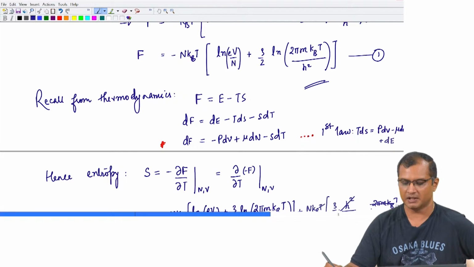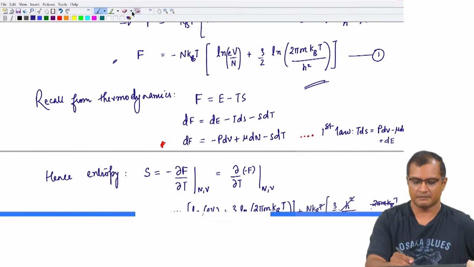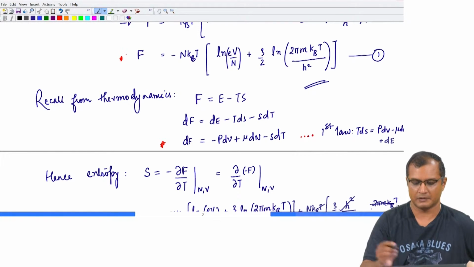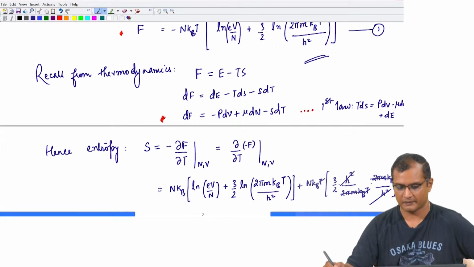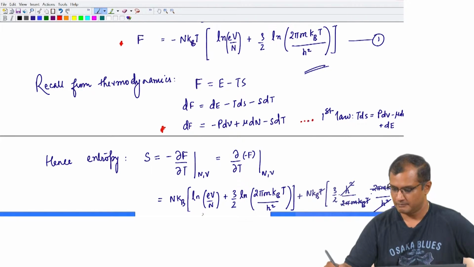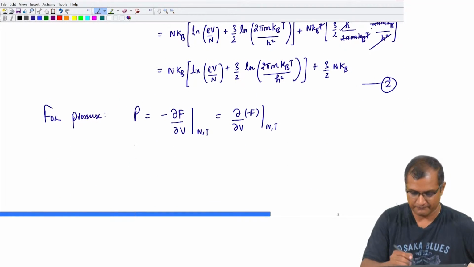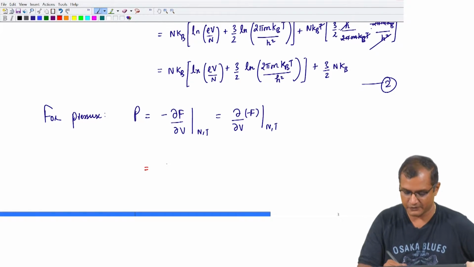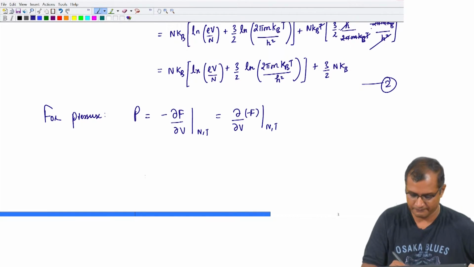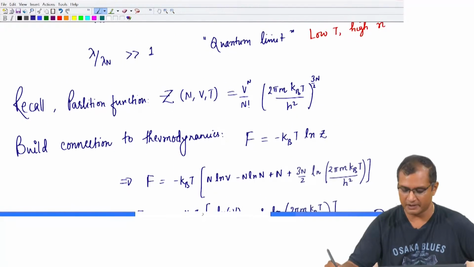So, if you take the derivative of free energy in this expression with respect to volume, what you will get is just nkT, because I need the derivative with respect to volume of minus F. So, just nkT, that is the prefactor, it is volume independent here.